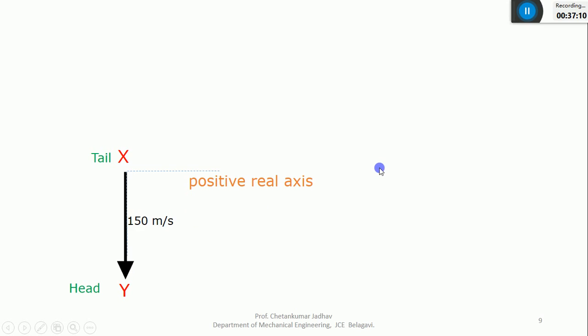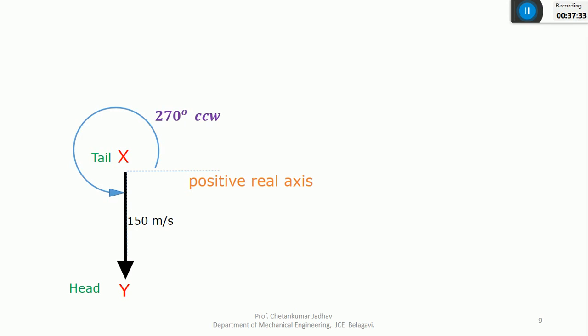The rule is always you have to locate the angle in counterclockwise with respect to positive real axis, and you have to start from this tail. Take the reference as tail. Anyone please give the answer? What is the displacement of this vector? Correct.